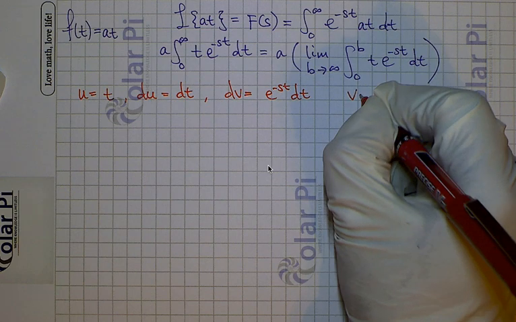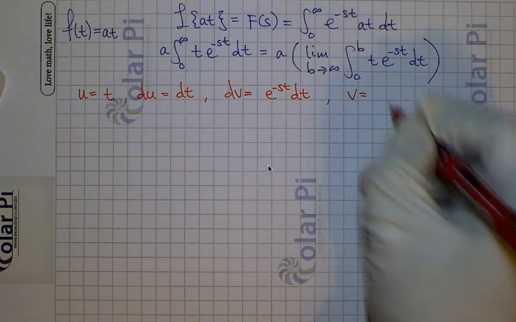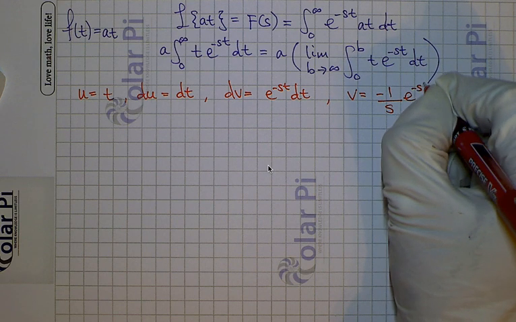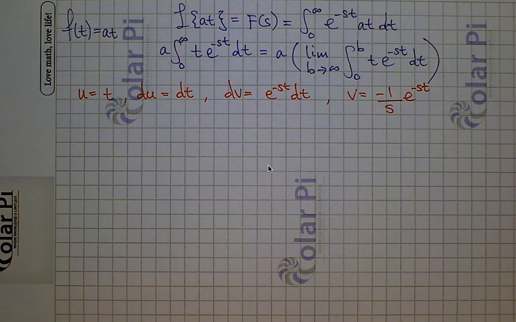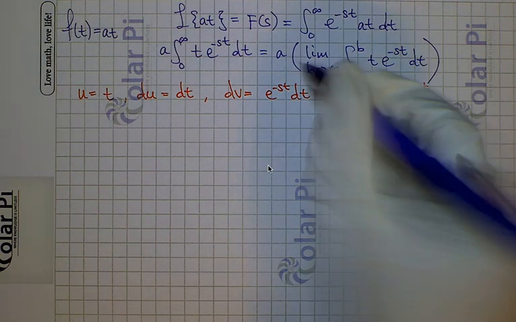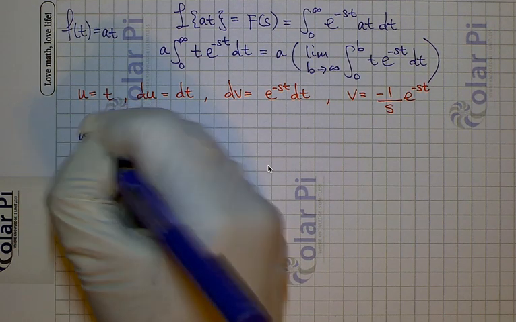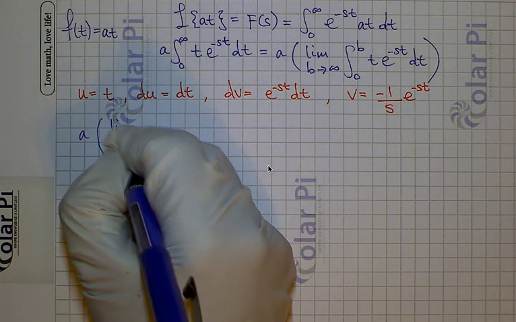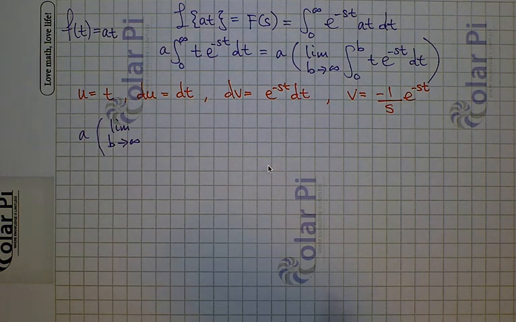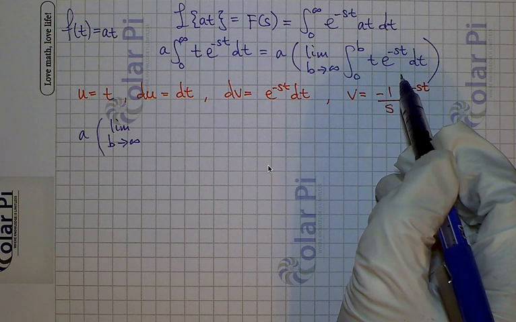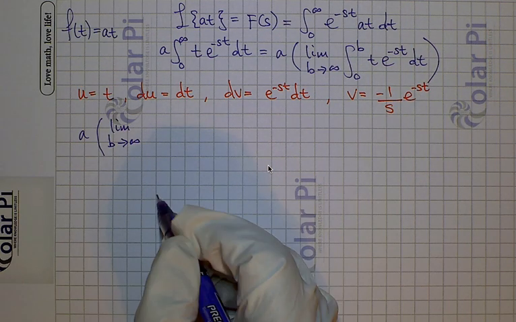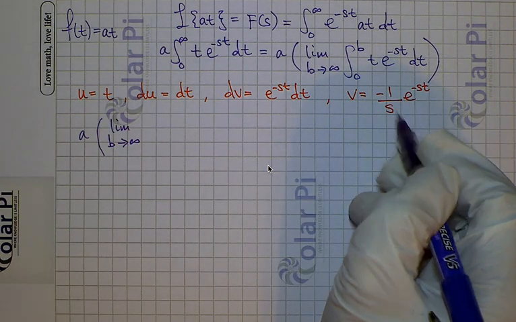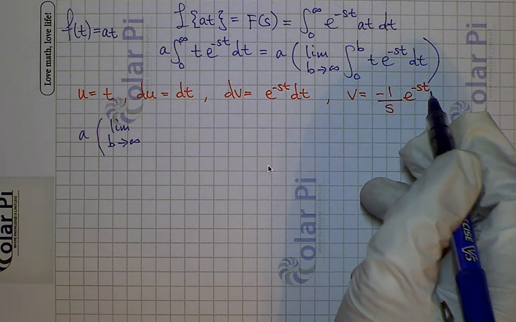So v will then have to be negative 1 over s times e to the negative st. Then we come back here and write that what we have is the same as a times the limit as b goes to infinity of, now we can figure out the antiderivative, and it's uv, so t times negative 1 over s times e to the negative st.